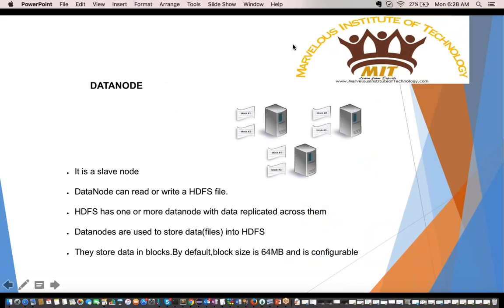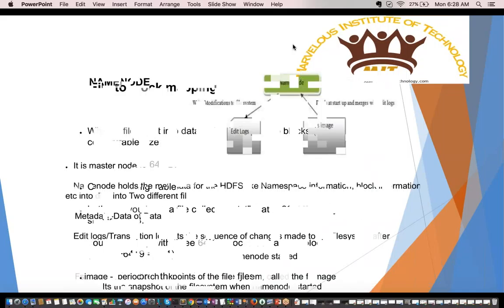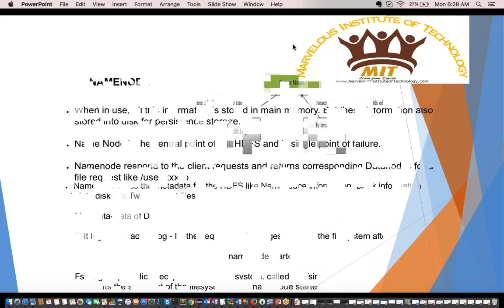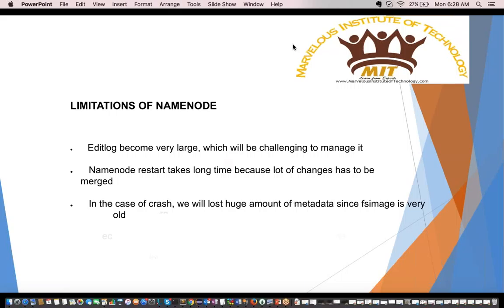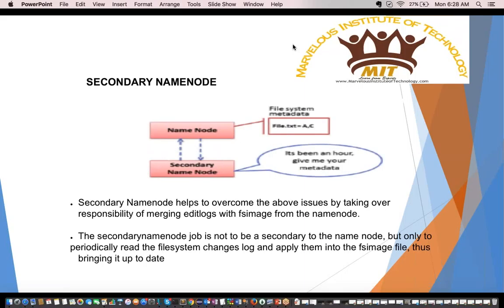Okay, now secondary name node. We have seen some limitations of the name node, right? The limitation is that the name node takes more time while restarting. Also, the name node is waiting for the data nodes to give their reports. When 80% of the data nodes give the report, your name node will start functioning and running.